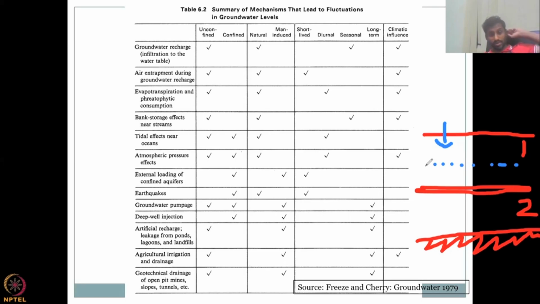So this also happens as a phenomenon in the unconfined aquifer. It is a nature-based system because plants are nature-based systems. It is not short-lived. It is diurnal. Why diurnal? Because the growing cycle is also diurnal. The plant sucks the water only in the daytime when transpiration happens, and after that it shuts down.